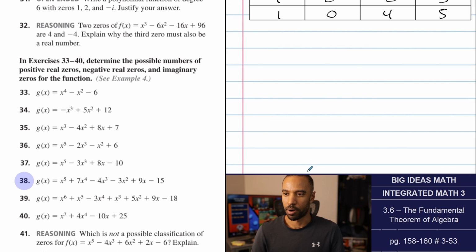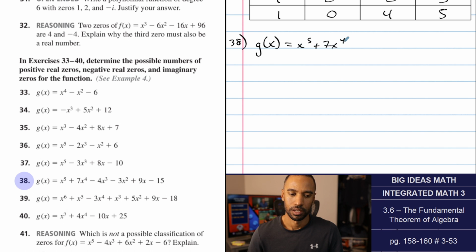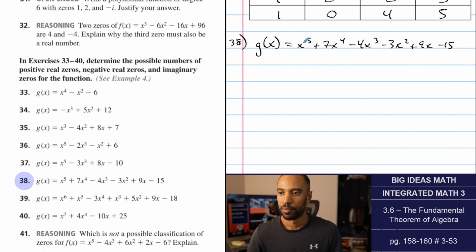Bigger polynomial, probably a lot more sign changes, which means I probably have to get my table ready for many more than just 4 rows. All right, let's start with this one just to see what's going on. Positive, positive, negative, negative, positive, negative.